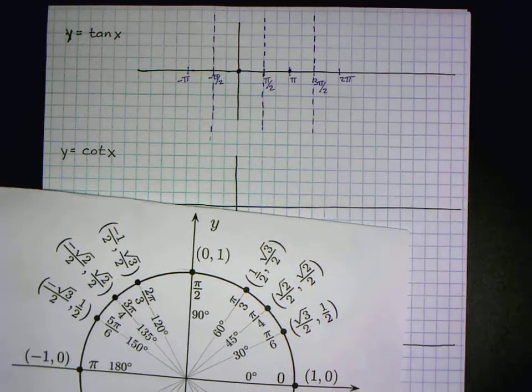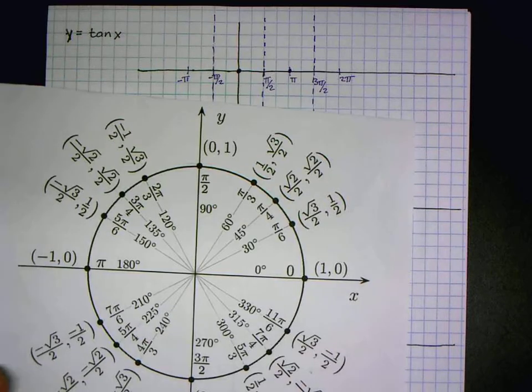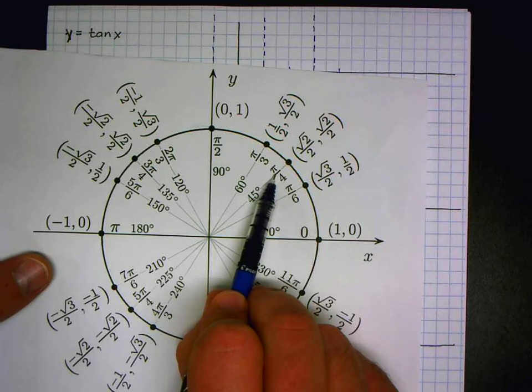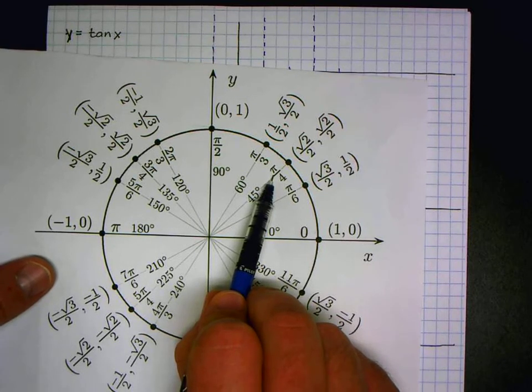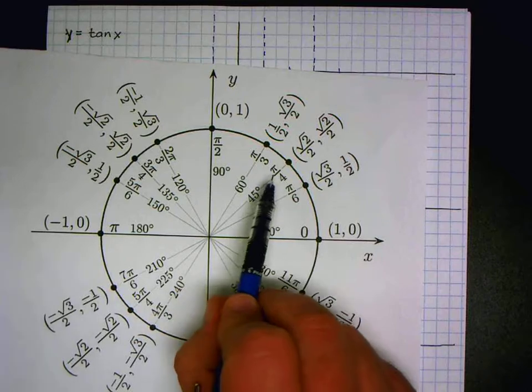Okay, so that didn't help us out a lot. I have a bunch of lines and dots. So, to help us out, I'm going to use pi over 4. At pi over 4, tangent is equal to 1. Undefined would be a vertical asymptote.